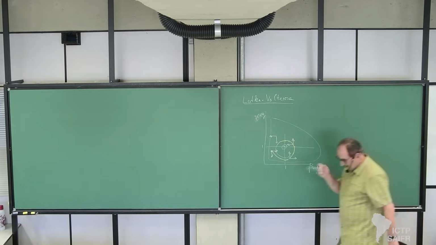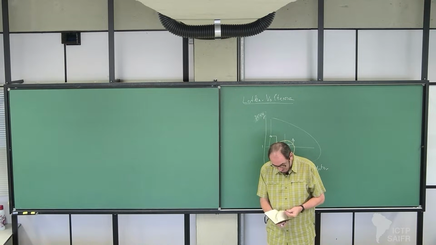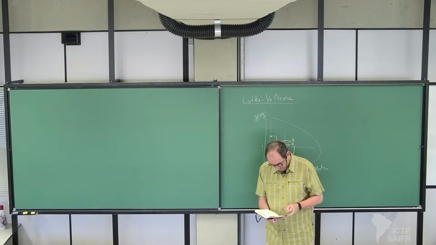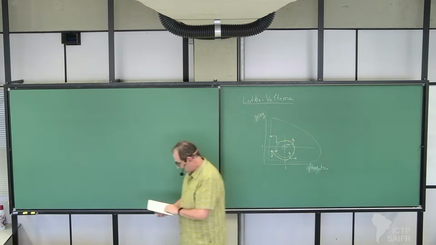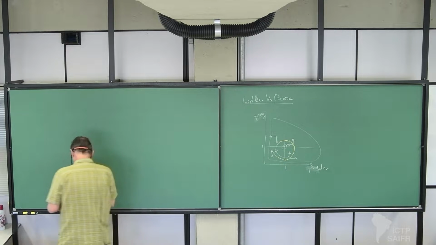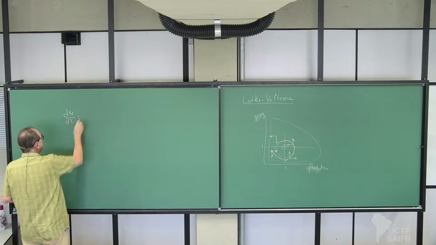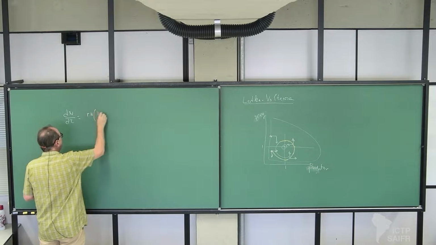I have it here with me, actually, so let me see if I can remember this. Okay, we usually have something like this. dn/dt would be Rn(1 - n/k).